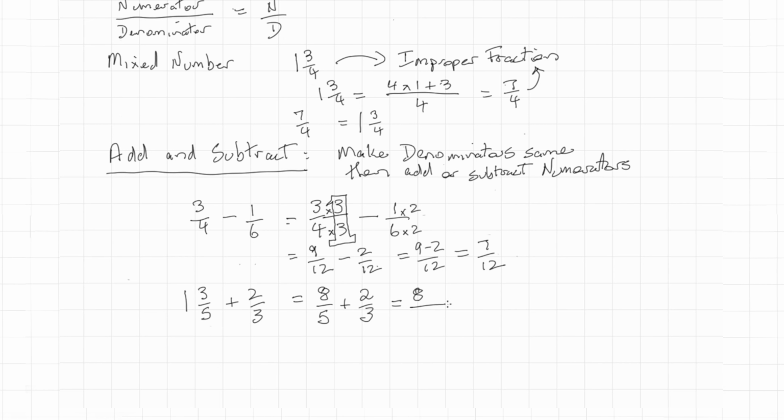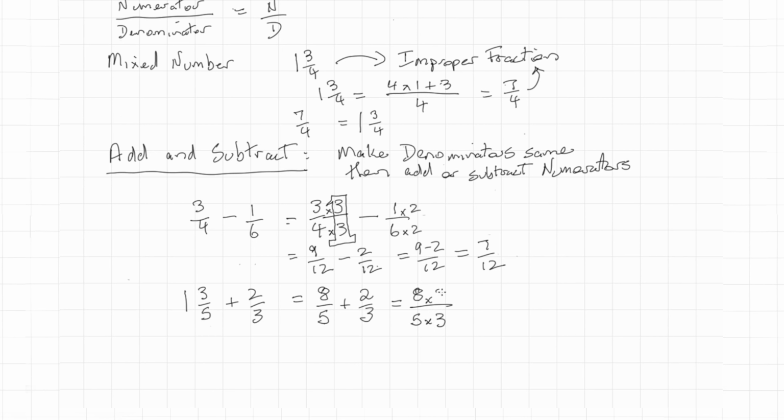So we've got 8 over 5, and we look at the two denominators. The larger one is 5, 3 won't go into 5, so we'll double 5, 10, 3 won't go into 10. We'll multiply by 3, 3 5s are 15, yes, 3 will go into 15. So we're going to make them both into 15ths.